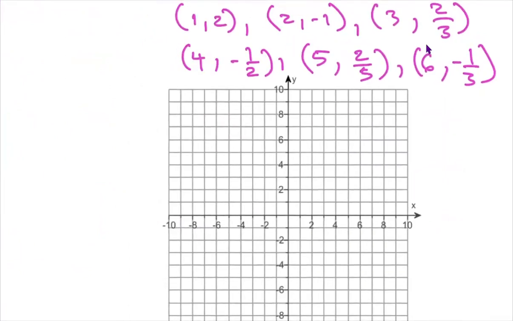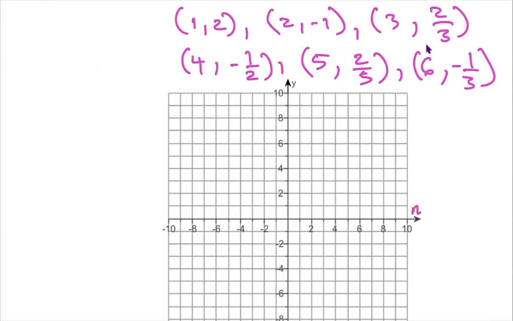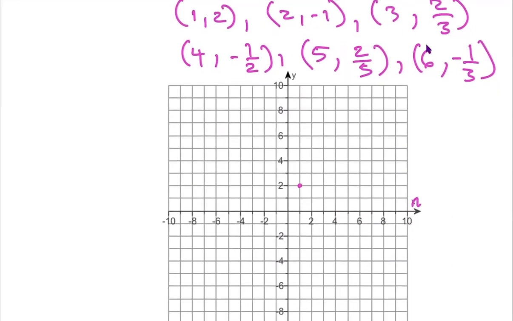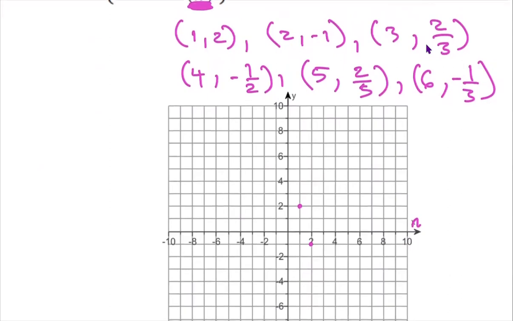So basically we're going to start with x, n equals 1: (1, 2), (2, -1), and (3, 2/3). 2 divided by 3 is 0.66, so 3, 0.66, let me put it here.